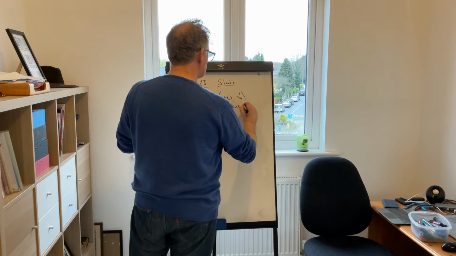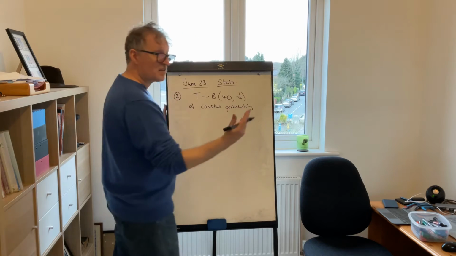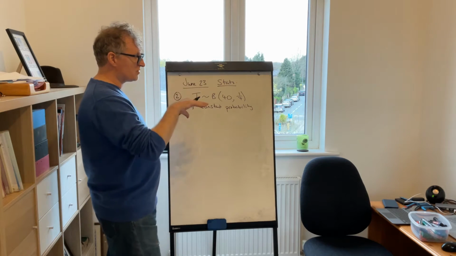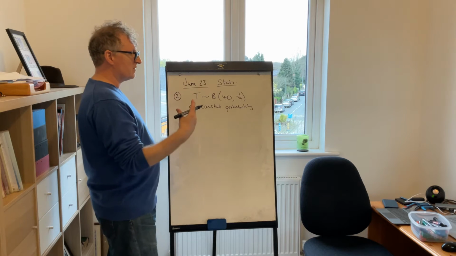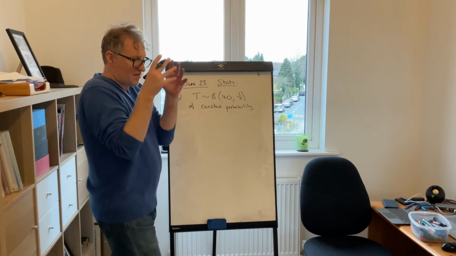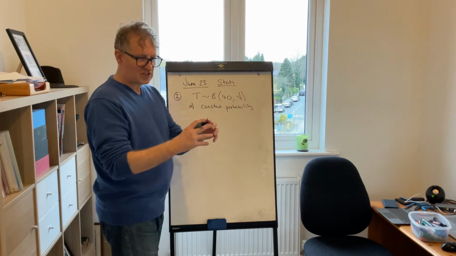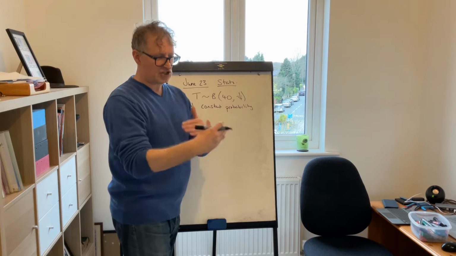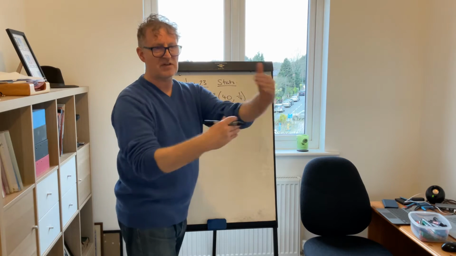So constant probability is one of the things that we could look at. The second thing that we'll probably focus on is independence. What we mean by that is every single packet, whether it's got a prize in it or not, has no effect on the next packet you look at. So each packet is independent of the next packet.